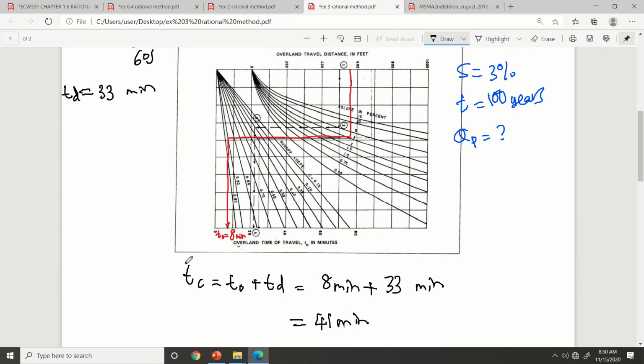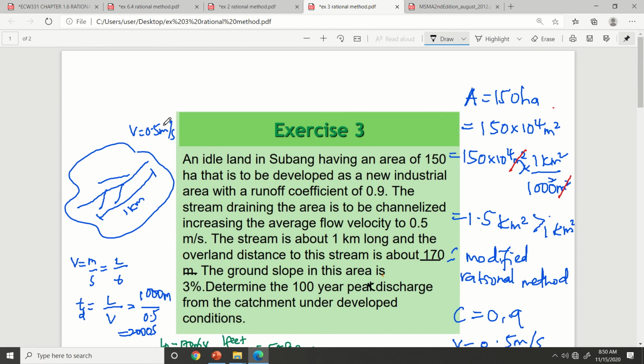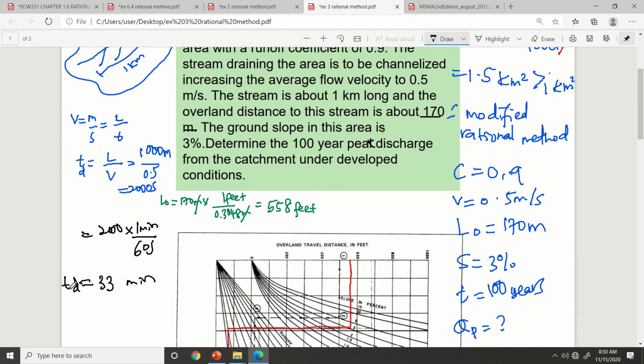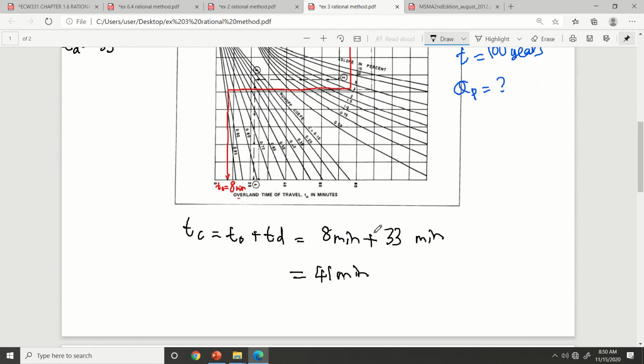So you have to find out TC. TC is equal to T naught plus TD. So 8 minutes. TD comes from this stream, 1 kilometer divided by 0.5 meter per second. I get TD is 33 minutes. So 8 plus 33, I get 41 minutes.